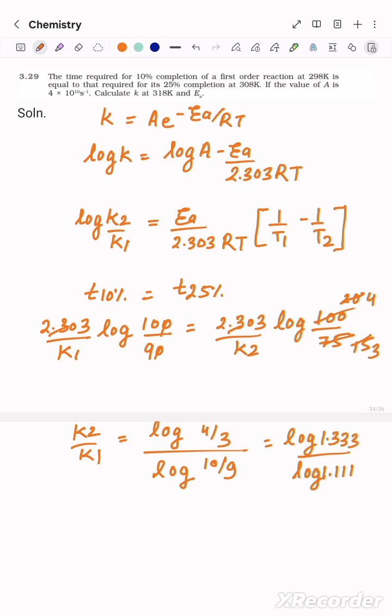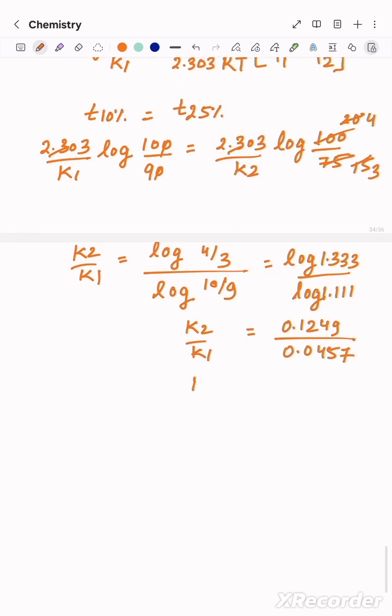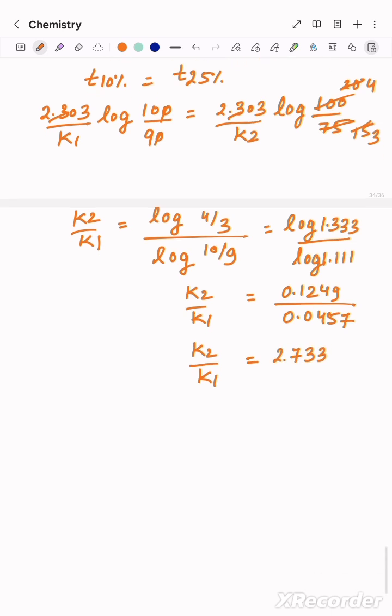So after putting these values, K2 by K1 is equal to 0.1249 upon 0.0457. So this will become equal to 2.733. So this is the K2 by K1 value, that is 2.733.